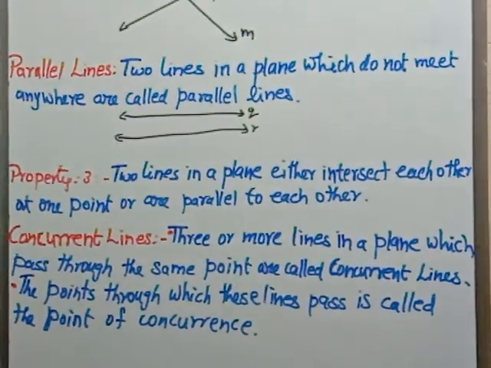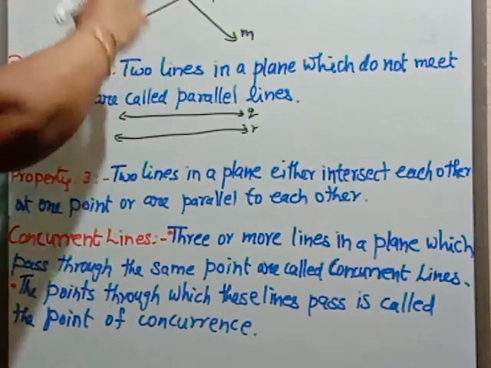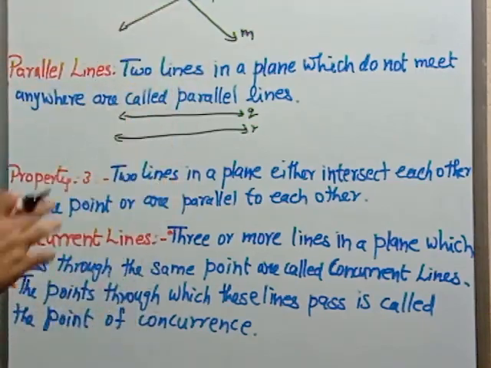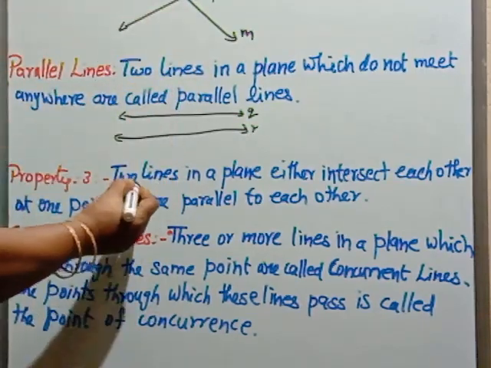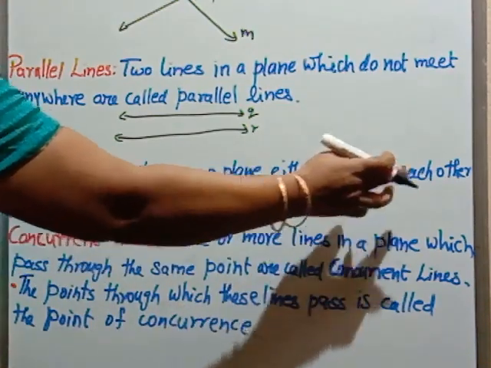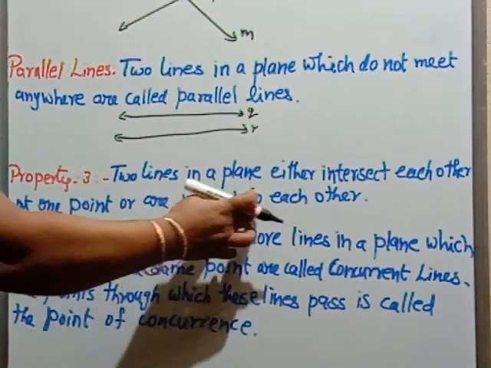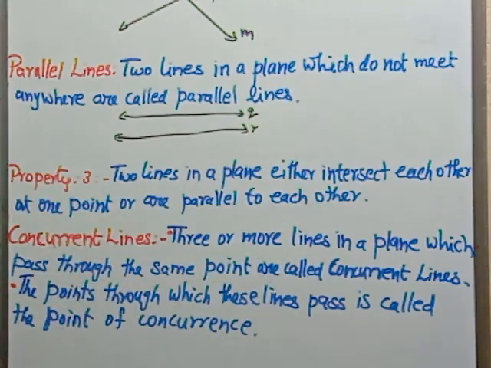Now this is the third property, which is what we learned about intersecting lines and parallel lines. Two lines in a plane either intersect each other at one point or are parallel to each other. This is the third property of the line segment.